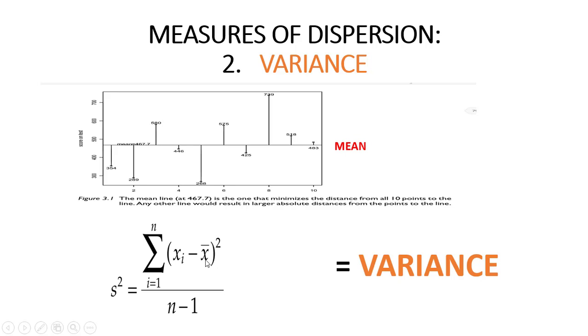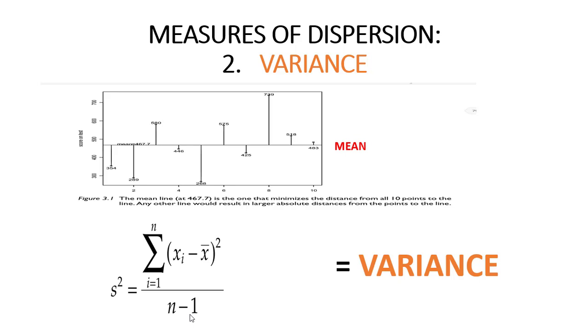So I square that, and then I divide that by my number of samples minus 1. This minus 1, think of it like a correction factor. If we're dealing with the total population, then we just divide by n. But when we are dealing with a sample, not the population, then we subtract this 1 as a correction factor.